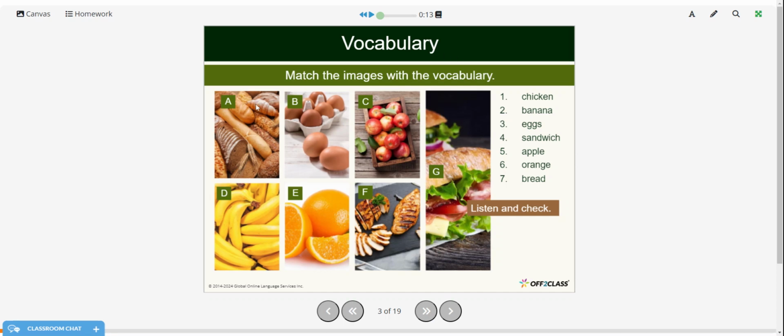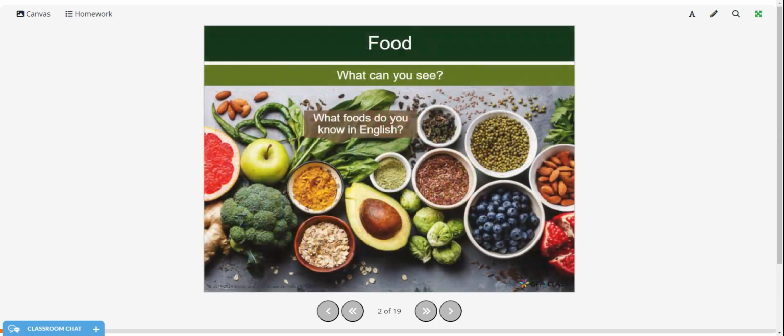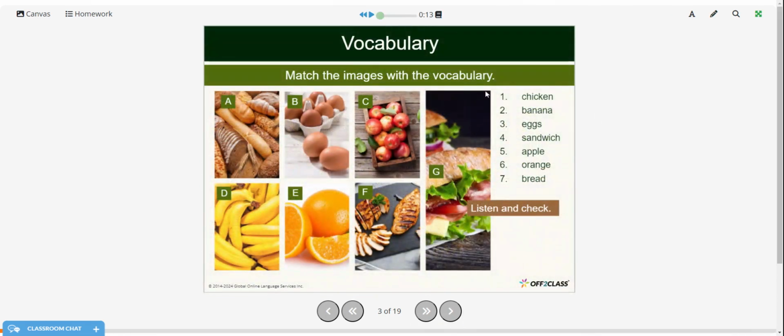All right, so letter A would be number 7, bread. Letter B would be number 2, or sorry, number 3. Let me go back and erase that. All right, so letter A is number 7, bread.